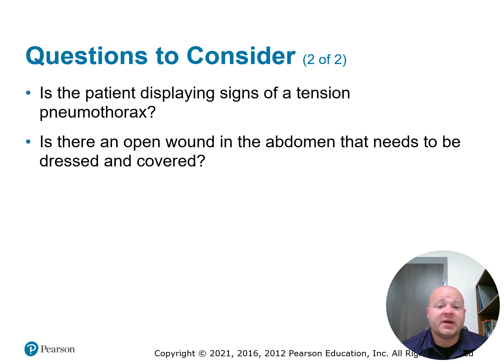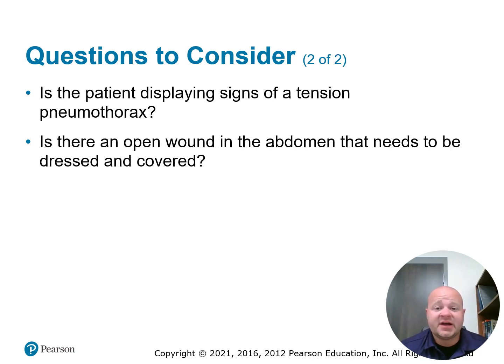Is the patient displaying signs of a tension pneumothorax? Shock will be associated with that tension pneumothorax. So a low blood pressure or hypotension, tachycardia or fast heart rate, tachypnea, which is just breathing fast.